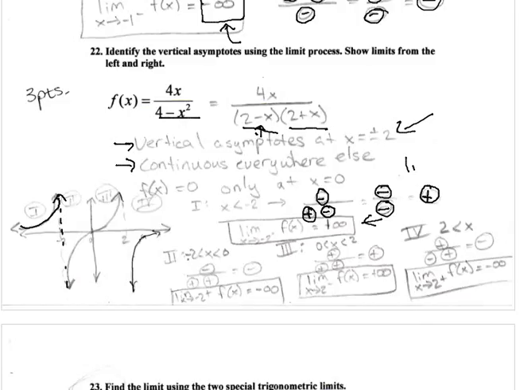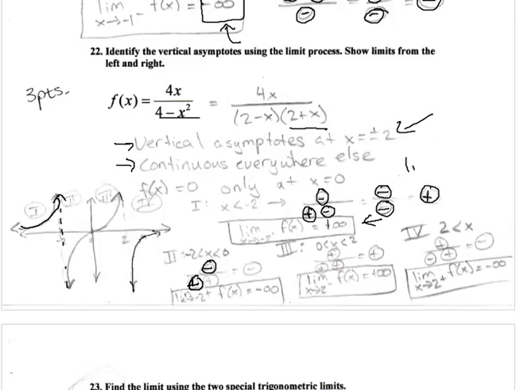So our second region means that we are between negative 2 and 0. So if we're between negative 2 and 0, we still have numbers which are negative, so our numerator, 4 times x, is still going to be negative. Our denominator this time is going to be 2 minus a number that's between 0 and negative 2. So that's definitely going to be positive, right? Because we get minus a negative number, which is a positive number. Still the same reasoning as the last time. But here we get 2 plus a negative, which is the same thing as 2 minus a number between 0 and 2.